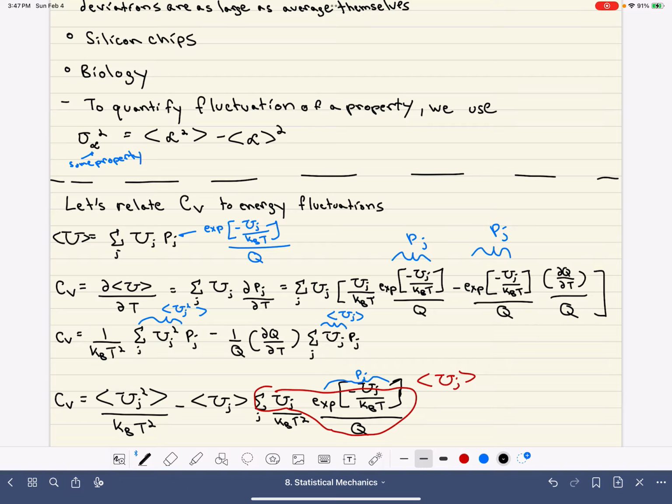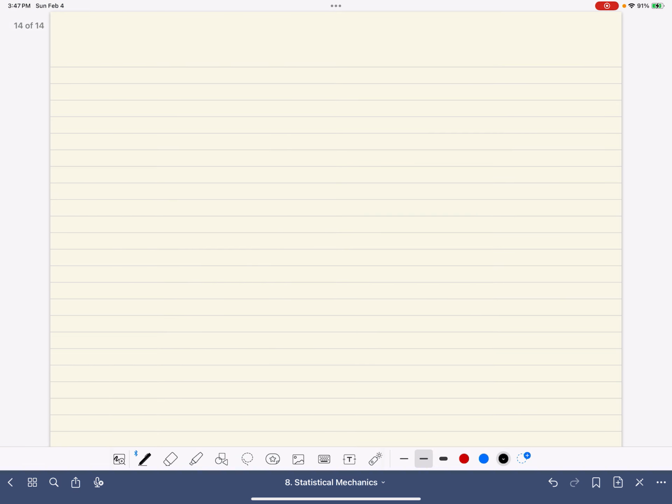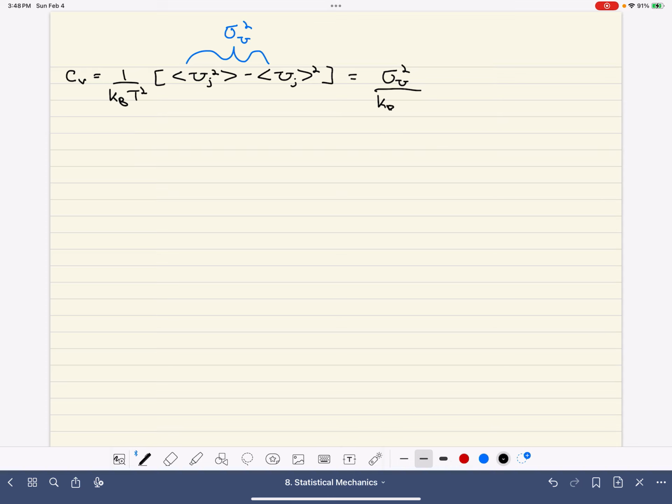In the end, what we find is that CV is going to be equal to, factoring out the kBT squared, this. Recognizing that this is the definition of the variance, it tells us that the heat capacity is just equal to the variance of the internal energy divided by kBT squared.